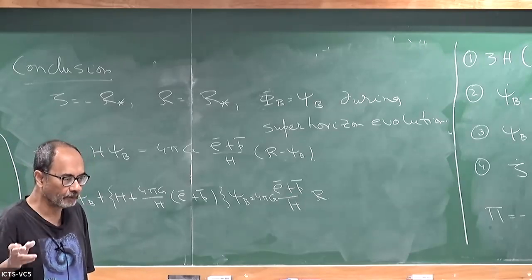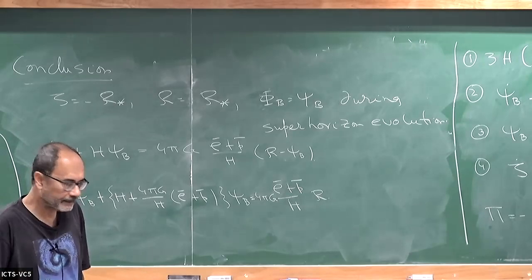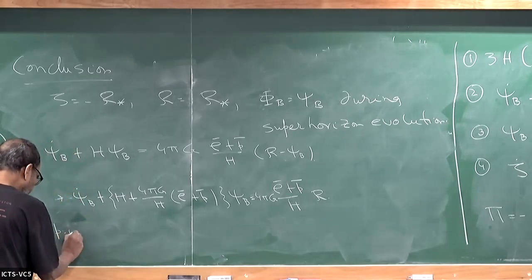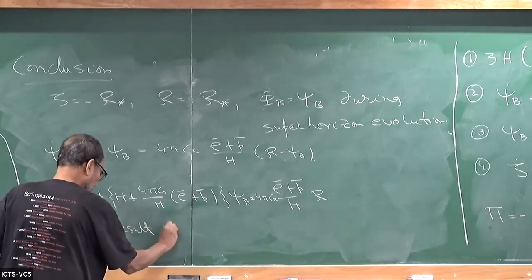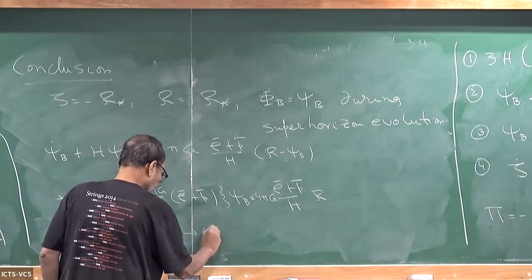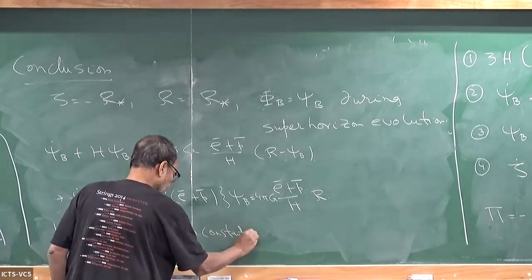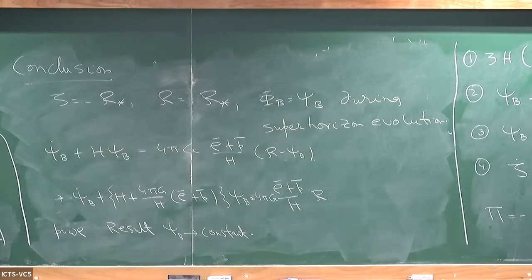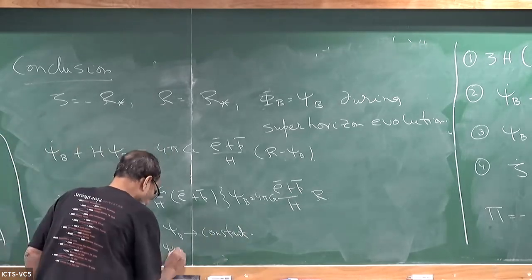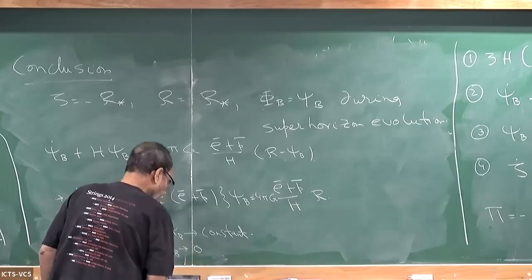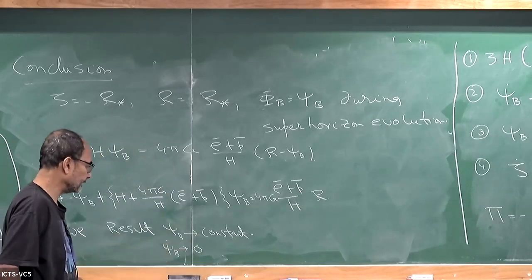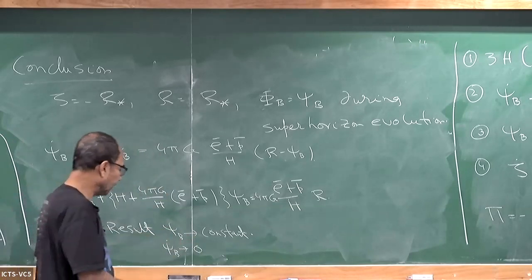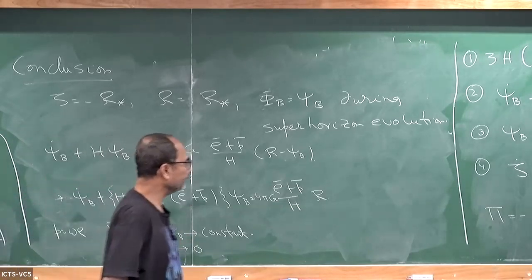If you use p equal to w rho, psi b goes to a constant, and psi b dot goes to 0. If we accept this, then we can figure out what this constant is. So let's do that, and then maybe next time we'll try to solve this in more explicit terms.